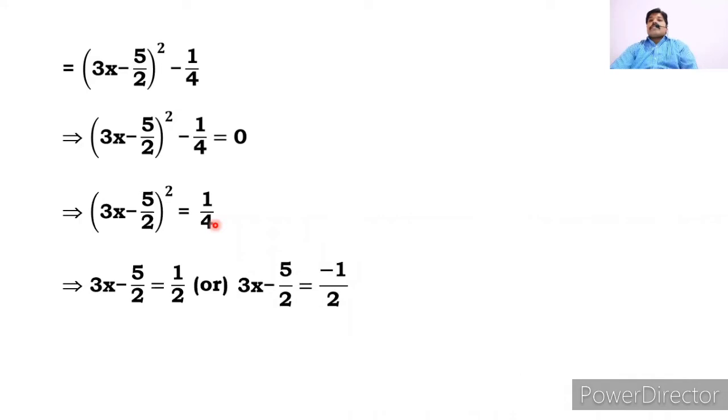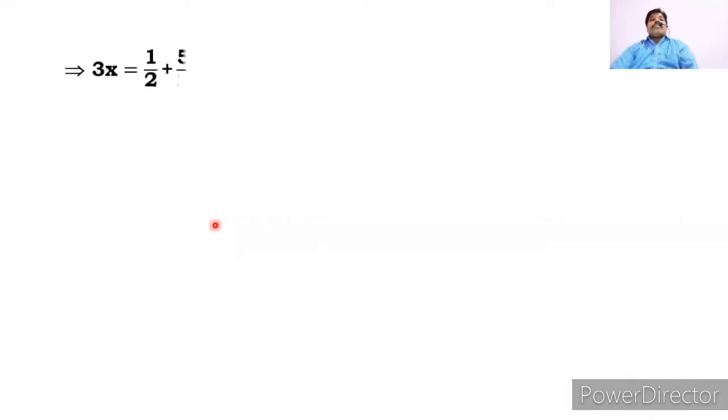minus 1 by 2. Take minus 5 by 2 to this side, so 3x is equal to 5 by 2 minus 1 by 2. Take the 2 LCM. So 3x is equal to, what happens? 5 plus 1 is 6 by 2, that is 3.